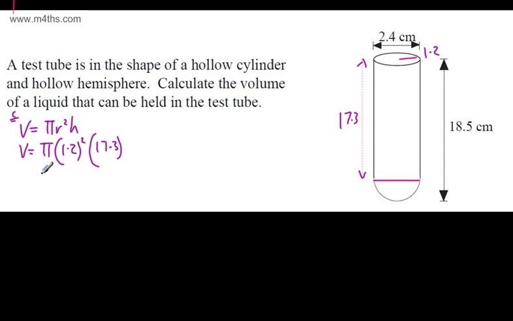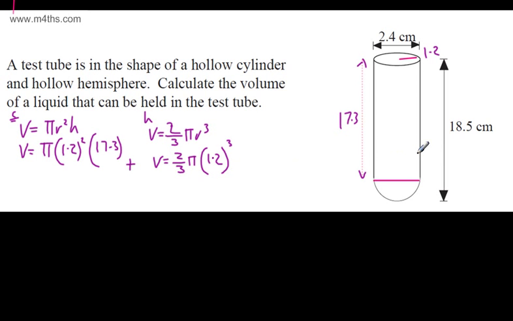Okay, and we're going to now add to that the hemisphere. The volume of the hemisphere is going to be 2/3 pi r cubed. So the volume is 2/3 of pi multiplied now by the 1.2, which we need to cube.